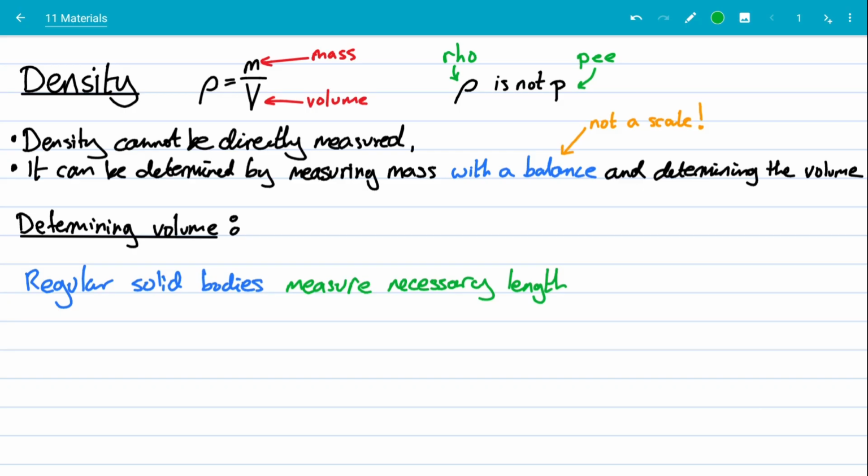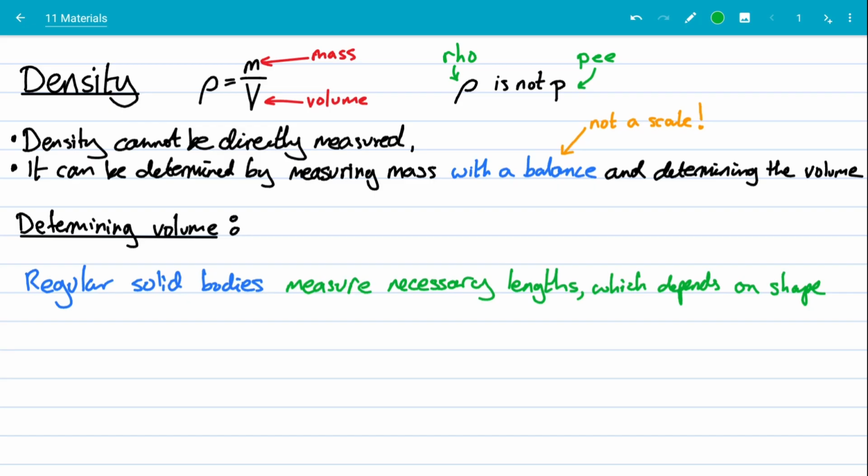And the volume would be calculated by the length of the cylinder multiplied by the cross-sectional area, and the cross-sectional area would be 1/4 multiplied by pi multiplied by the diameter squared. So it depends on the shape.